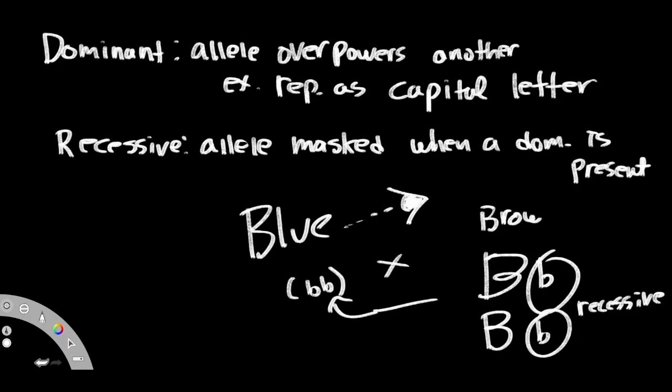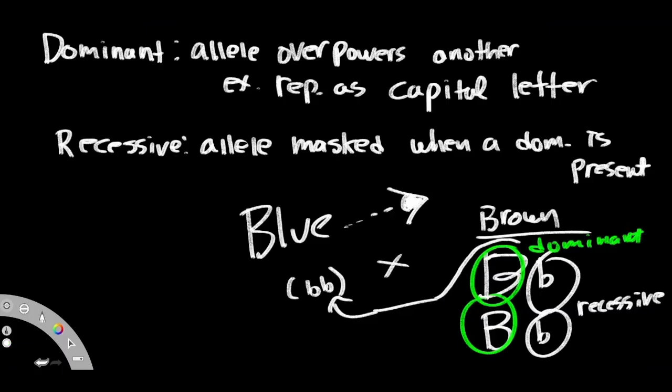Because the parents had brown eyes. Because this big B and this big B here were dominant. But again, that small b and that small b here was able to be passed on despite being hidden the whole time from their parents.